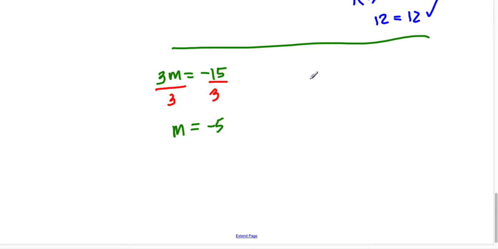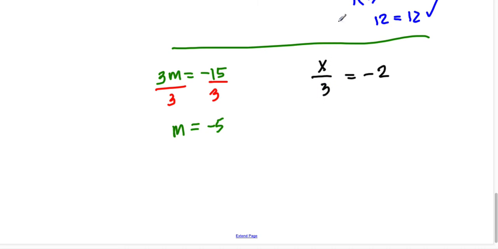Let me give you another example. Let's say we have x over 3 is equal to negative 2. We know that x over 3 is a division expression. So if it's division, we undo division by multiplication.